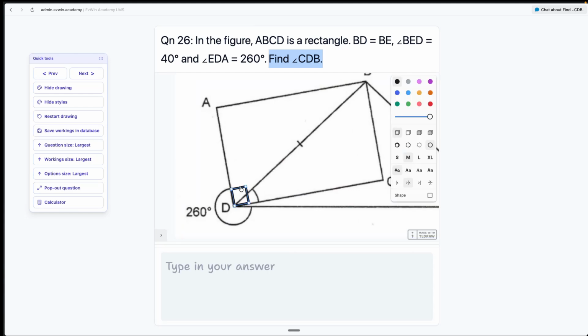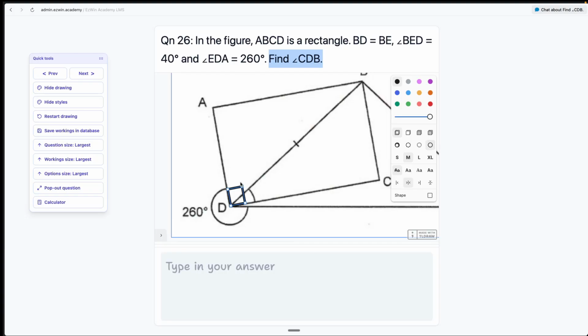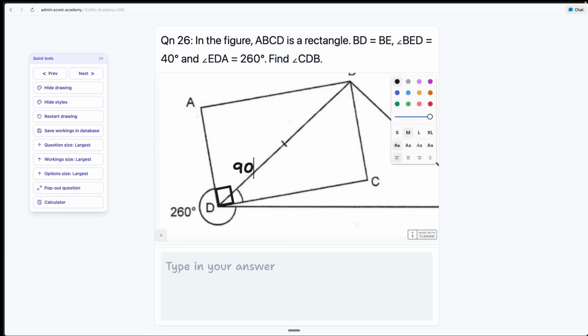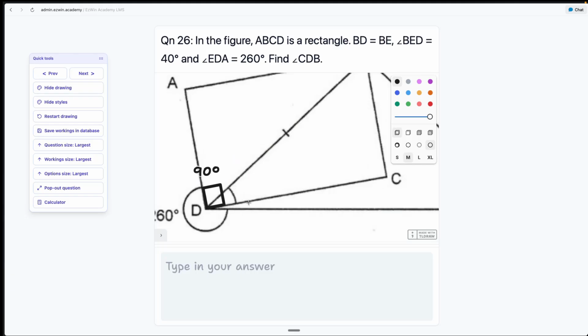So don't do that. We know this is 90 degrees, so I'm just going to write it here. This is 90 degrees, right? So we know this is 90 degrees. That means we can find this angle as well. So I'm going to put this as pink, right? This little angle.